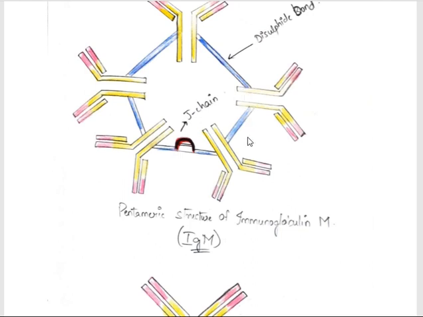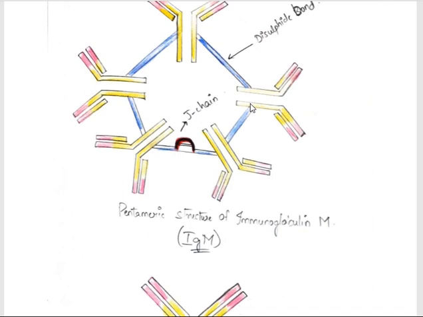Now the serum level of IgM is very low, about only 0.5 to 2 mg per ml. And this low serum level is due to its short life period, only 5 days, and a low synthetic rate. Okay, so that's the reason why they are very limited in the blood serum: they have a very short lifespan.